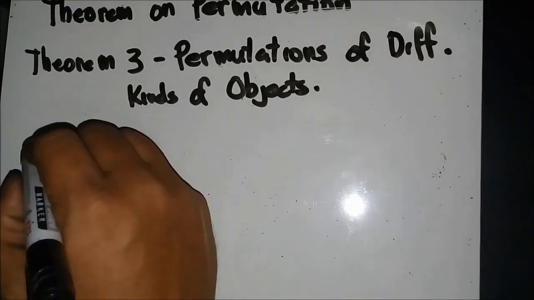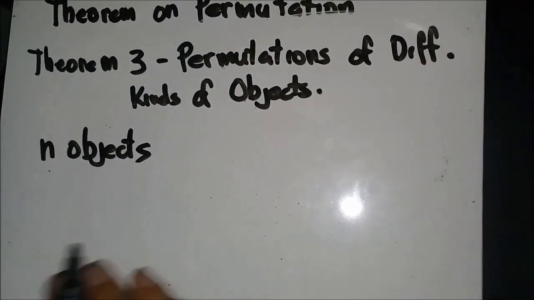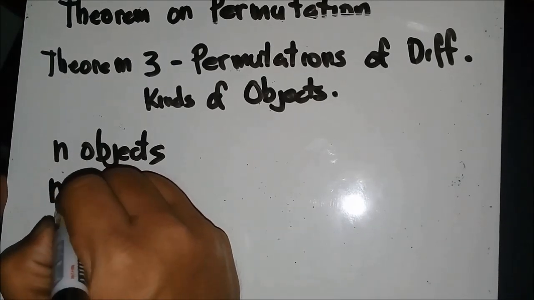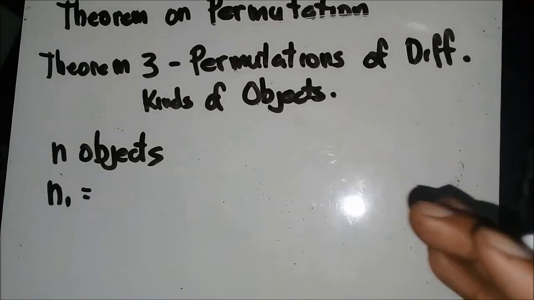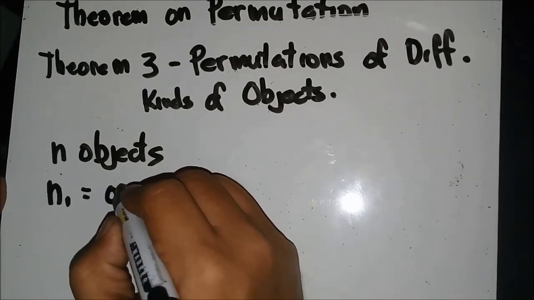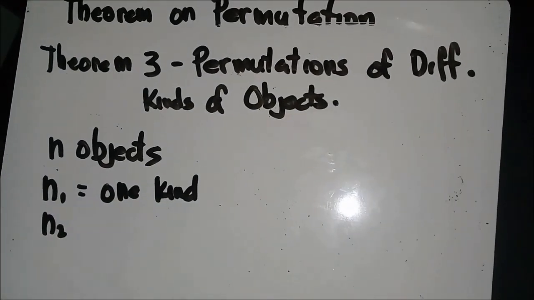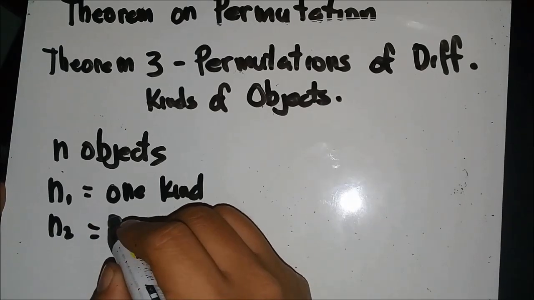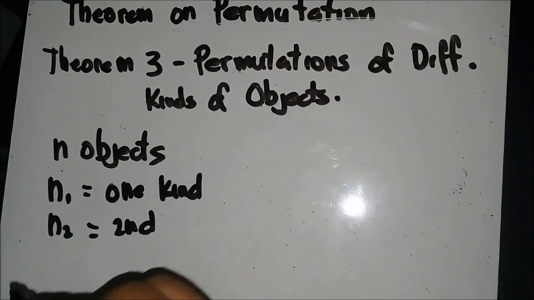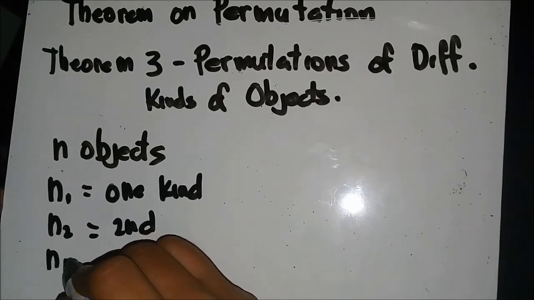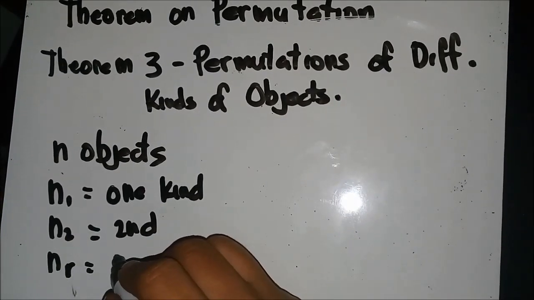For example, we have n objects. From those n objects, there is n sub 1 which are similar, or of one kind. And there is another similar group that is of a second kind, and so forth and so on until there is k, or r, number of kinds.